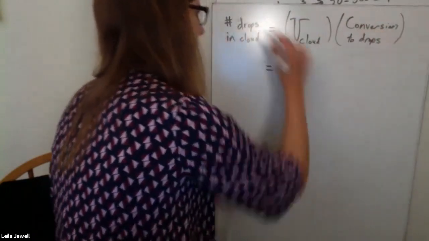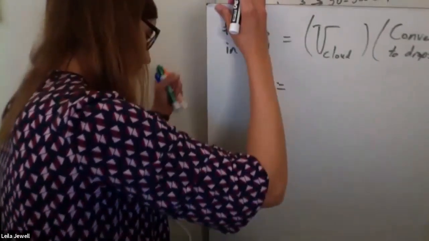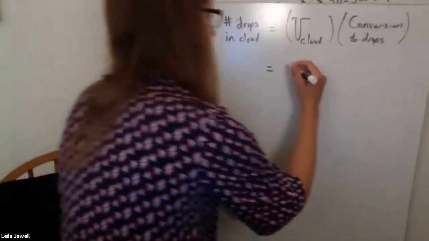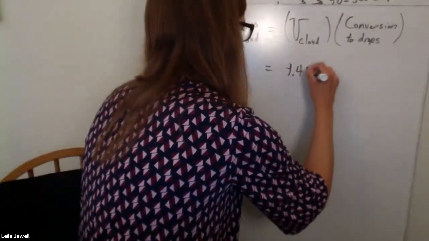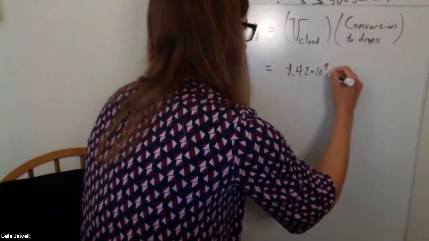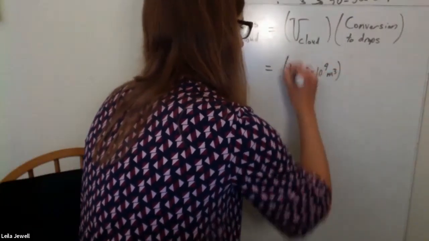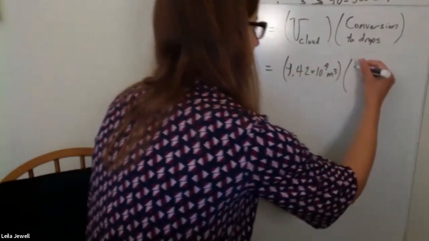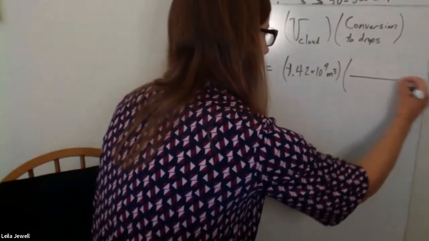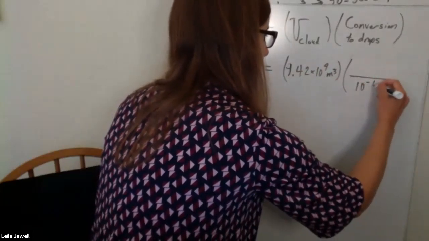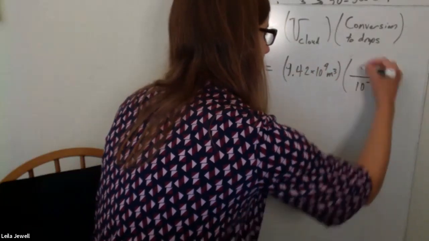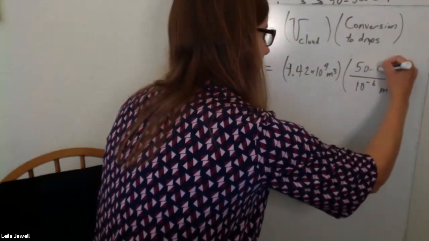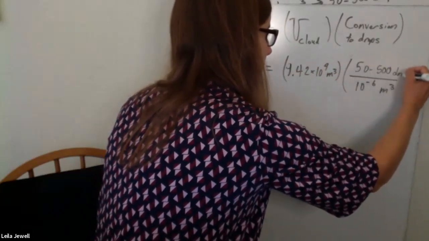The volume of the cloud we found was 9.42 times 10 to the 9 cubic meters. And now we're going to multiply it by this conversion to drops, which we said that there were 10 to the minus 6 cubic meters in 50 to 500 drops.